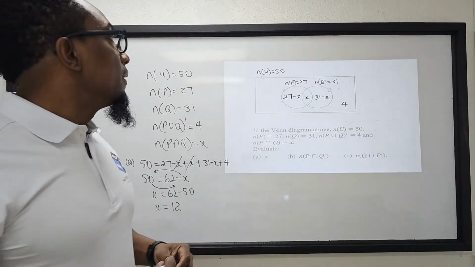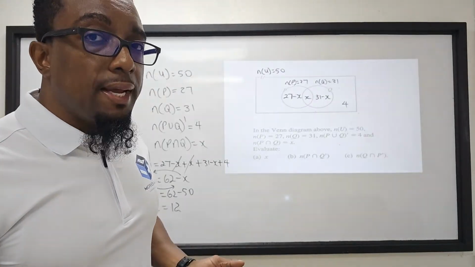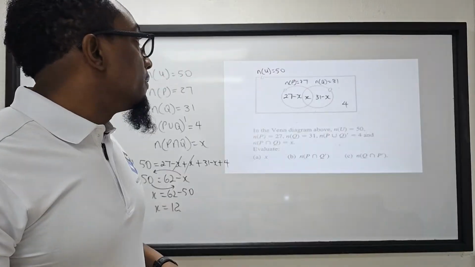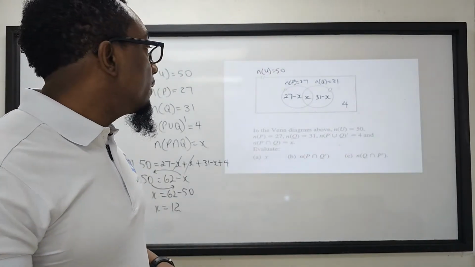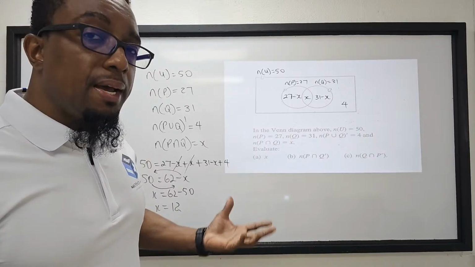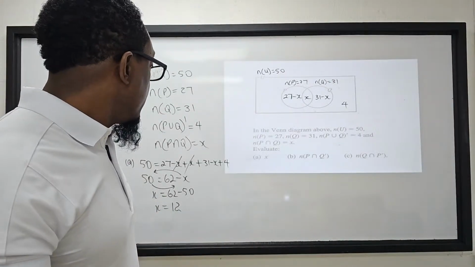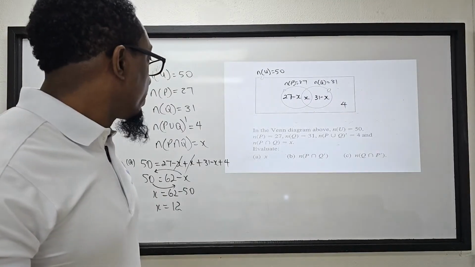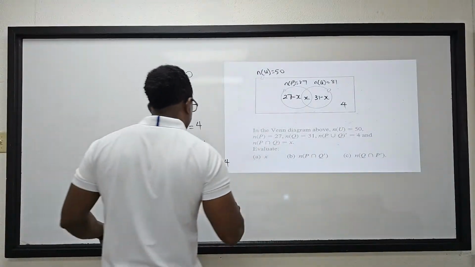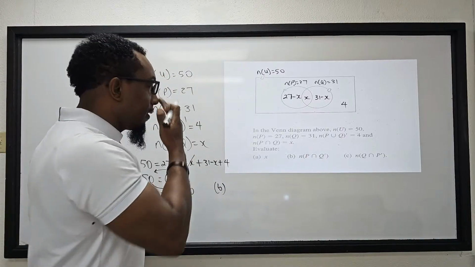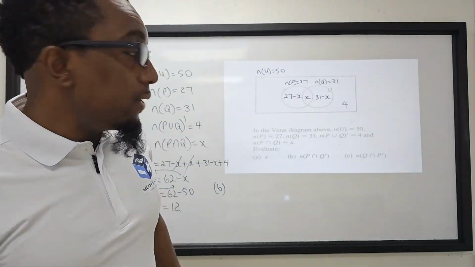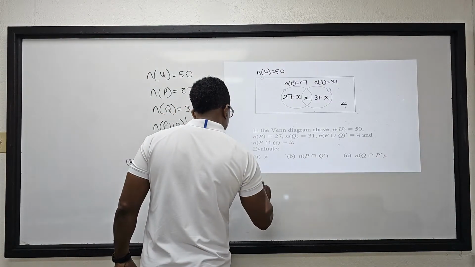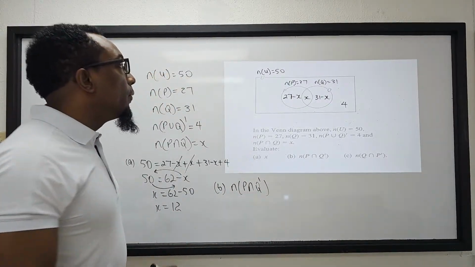So we consider x to be students who play some instrument, let's assume. Then the number of students who play both the piano and the quattro, if we consider P and Q to be piano and Q quattro, those instruments, then the number of students will be 12. That's x. So let's look at part B. We want the number of students who play the piano only.